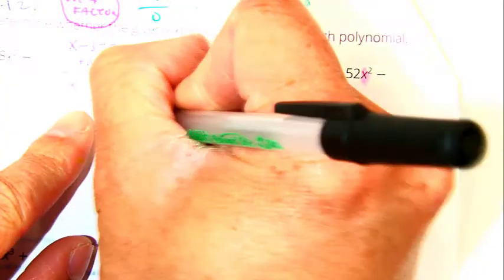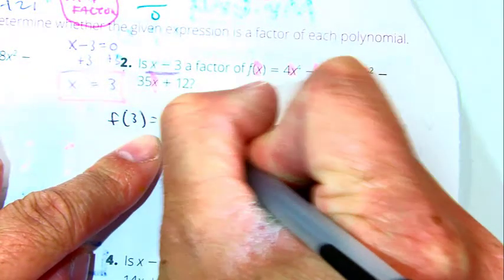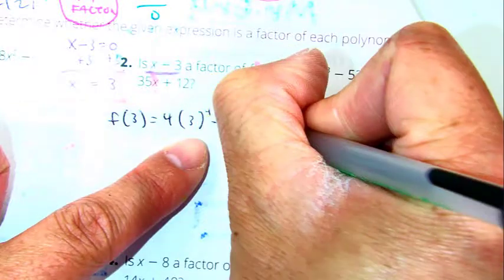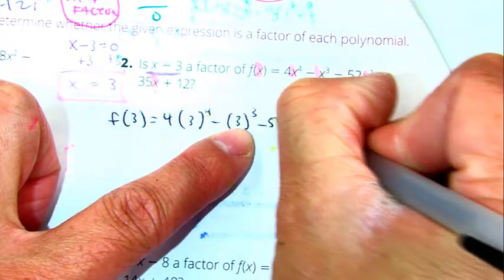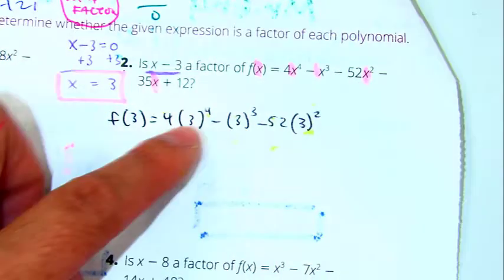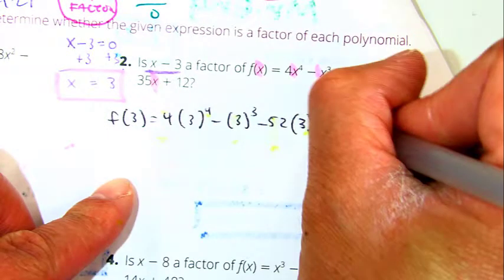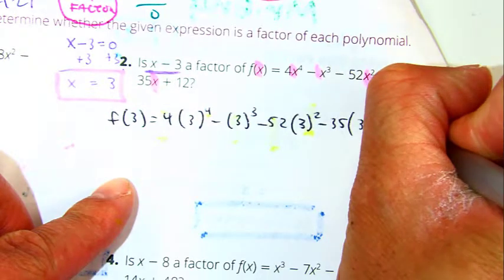So f of 3 equals 4 times 3 to the 4th power minus 3 to the 3rd power minus 52 times 3 squared, and this page ran out of space, so minus 35 times 3 plus 12.